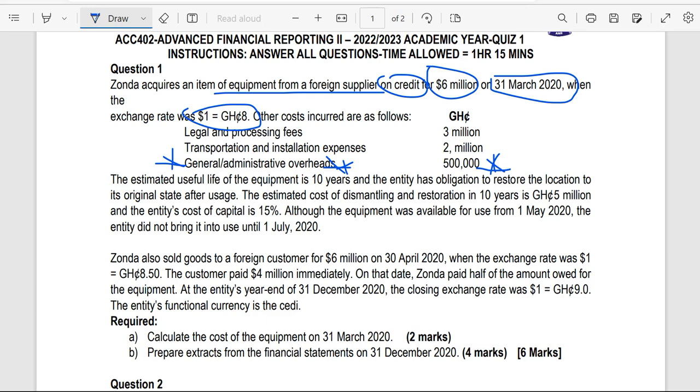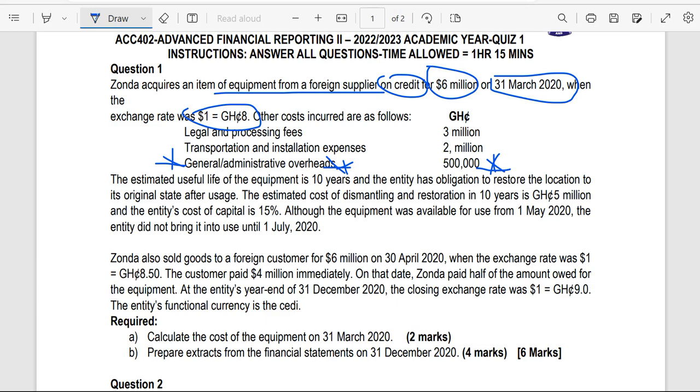Then there is the dismantling cost, because the estimated useful life of the equipment is 10 years and the entity has an obligation to restore the location to its original state after usage. So there is dismantling cost involved. And you also know under IAS 16 that when an item affects the environment and the entity has an obligation to restore, then we have to estimate the cost of that restoration and add it as part of the cost of the item.